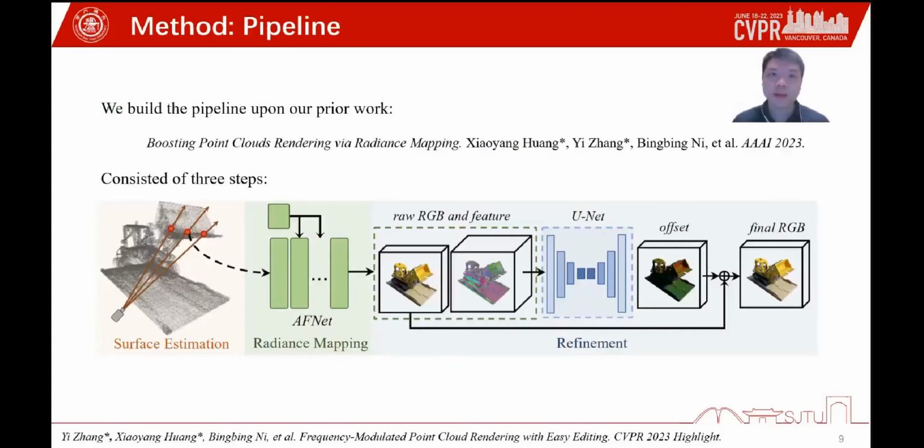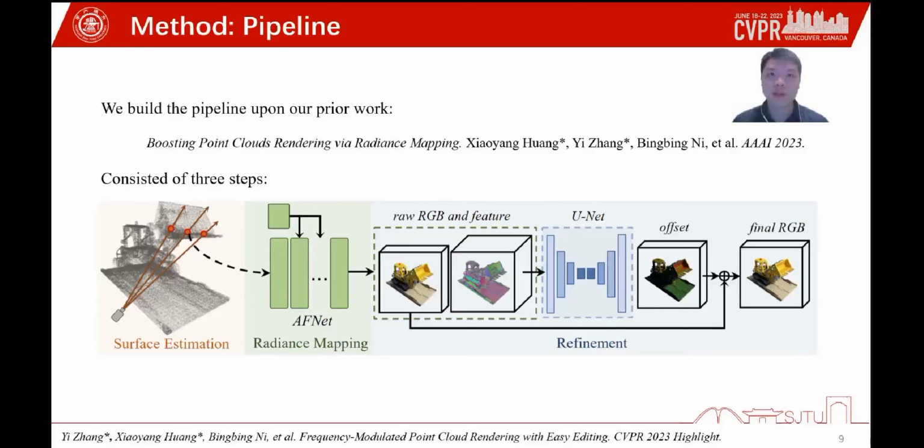Next, we demonstrate the whole pipeline of our method, which is built upon one of our previous works. Our pipeline consists of 3 steps. First, for each ray, we estimate its intersection point against the object surface using the coordinate rectification technique proposed in this previous work. Then we feed the estimated surface point into our proposed AFNet.